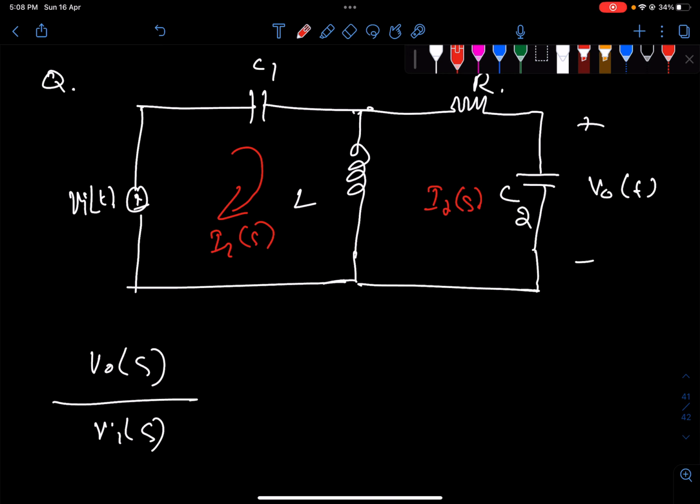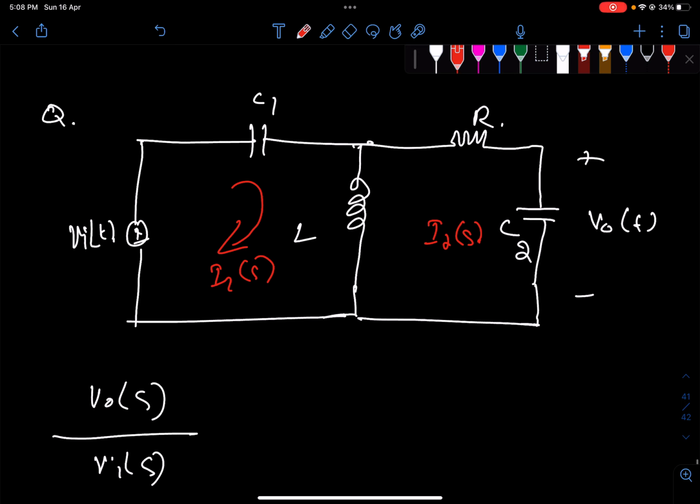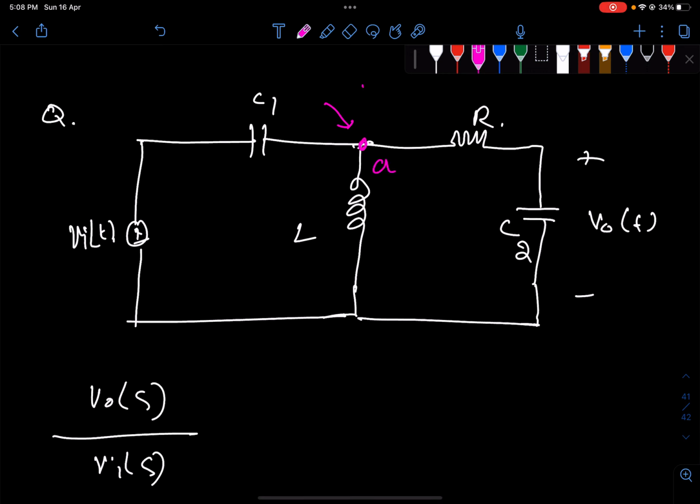Or should I do this one, or go with the... I think it's easier to go with nodal analysis for the circuit. Suppose I take this node as node A, so the voltage will be VA. That is easier. If I ground this one, only one variable will be there. Yeah, that is easier.